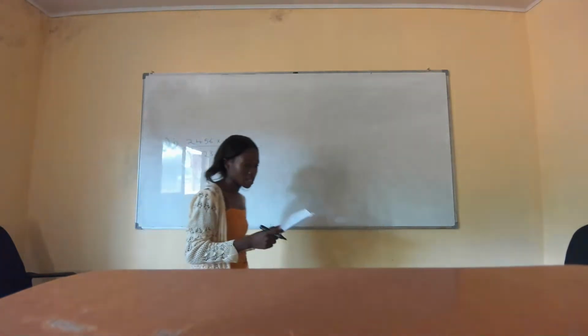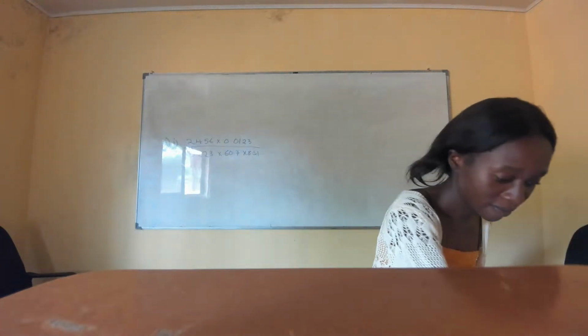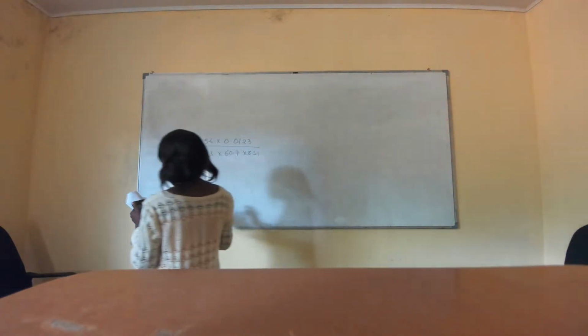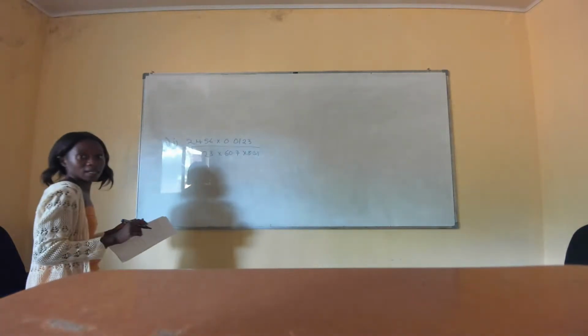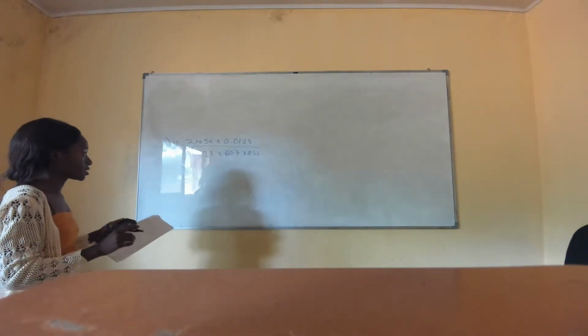Okay, so that's how we're supposed to arrange the numbers. Is it visible enough for everyone to see? That's how we were supposed to arrange the numbers.